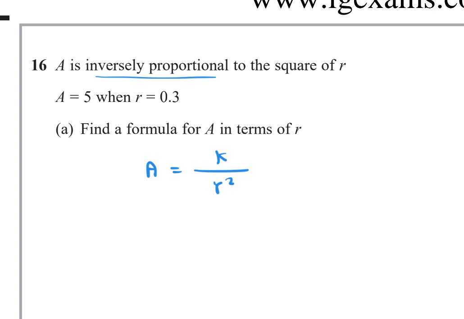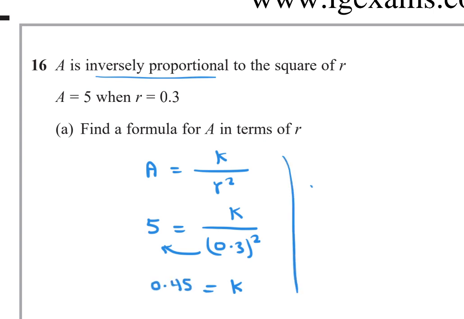To find K, use both A equals 5 and R equals 0.3, so 0.3 squared, and K. Now to find K, multiply 5 by 0.3 squared, so K equals 0.45. So now A equals 0.45 over R squared. This is A in terms of R.